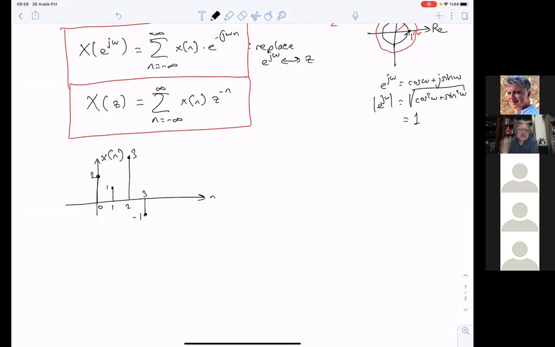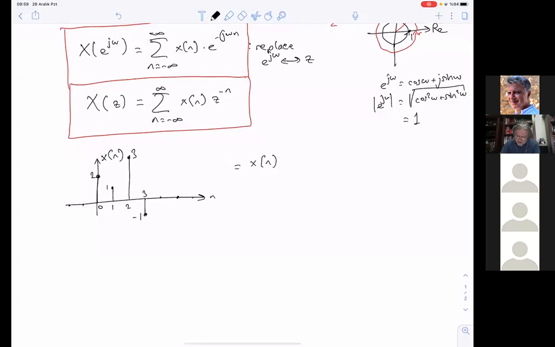This is just some example x of n. You can draw it like this, and all the others I will assume to be zeros. The only non-zero support of the signal is this. It's a length 4 signal.